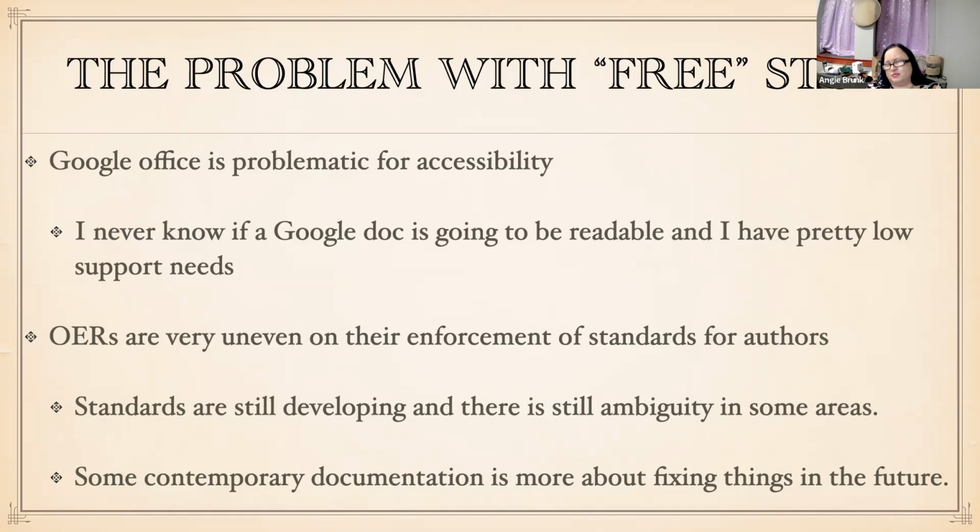And some of our documentation, I think you're seeing a pattern here, is really more about documenting what we've done, so that as we understand more and as technology evolves, we can fix any access problems in the future.